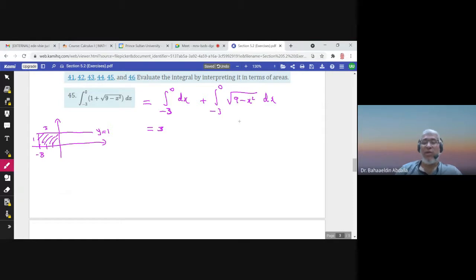While this one is half a circle, the upper half of a circle. If you write 9 minus x squared below the root, if you call it f of x or y, and square both sides and take x squared to the other side, you will find that this is a circle with center 0, 0 and radius 3.